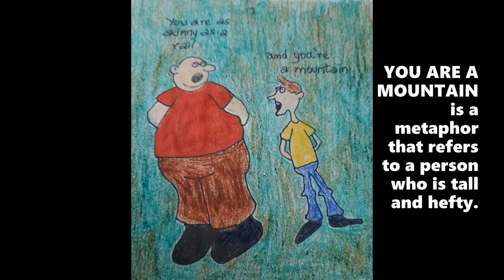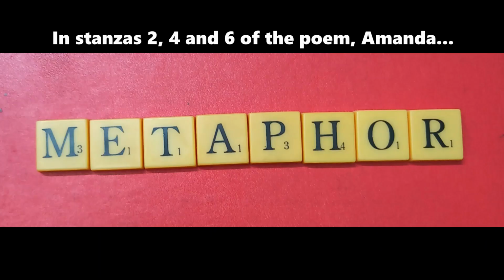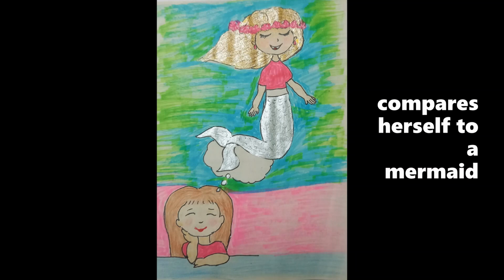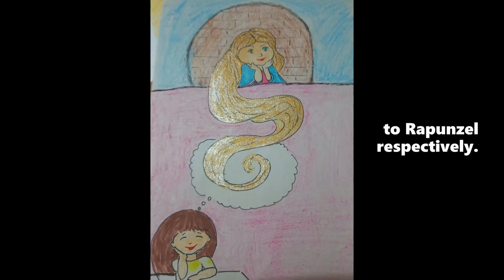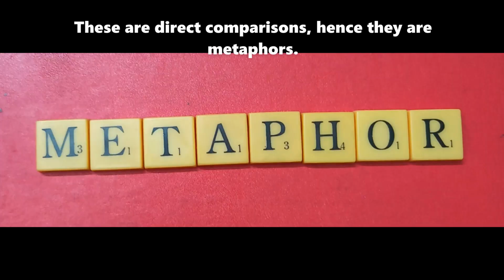Here it refers to a person who is quite tall and hefty. In stanzas 2, 4, and 6 of the poem, Amanda compares herself to a mermaid, an orphan, and to Rapunzel, respectively. These are direct comparisons and hence they are metaphors.